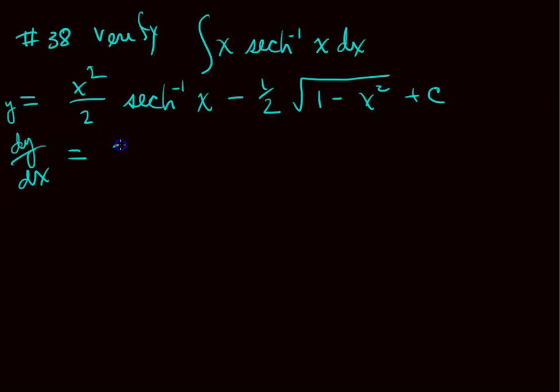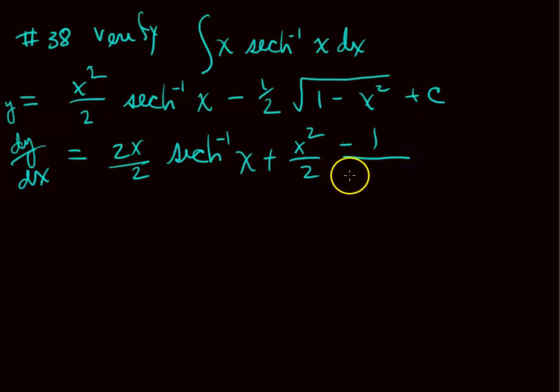The derivative of the first, which is 2x over 2, times the second, sec inverse x, plus the first, x squared over 2, times the derivative of sec inverse, which is negative, because the sec is negative. Negative 1 over, no, first x, square root of 1 minus x squared.